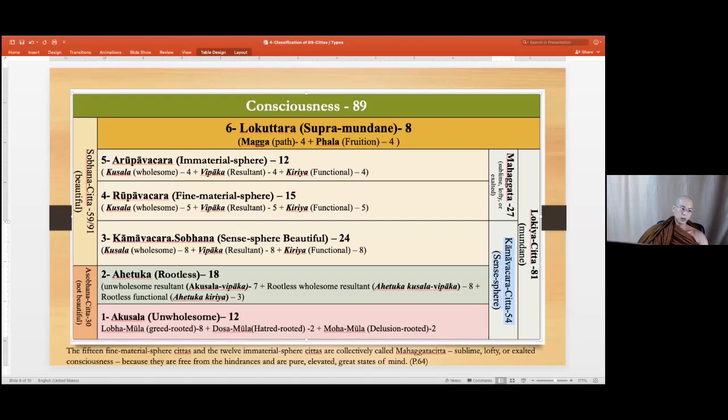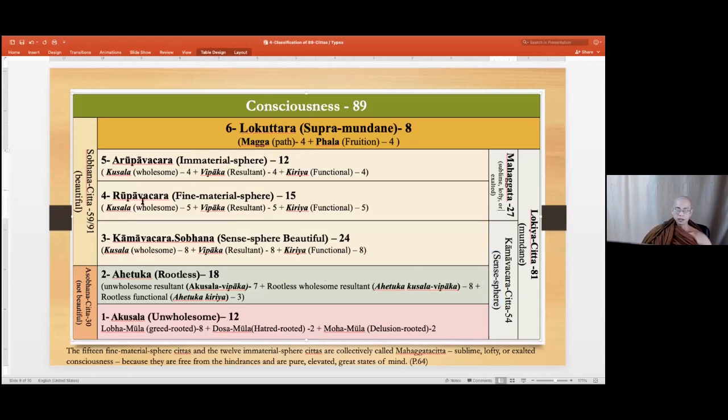In this column, we can understand the 54 sense-sphere consciousness. It includes three types: unwholesome 12, rootless 18, and sense-sphere beautiful 24, which become the 54 Kama Vachara Chitta, because they usually or frequently arise in the sense-sphere realms of existence.